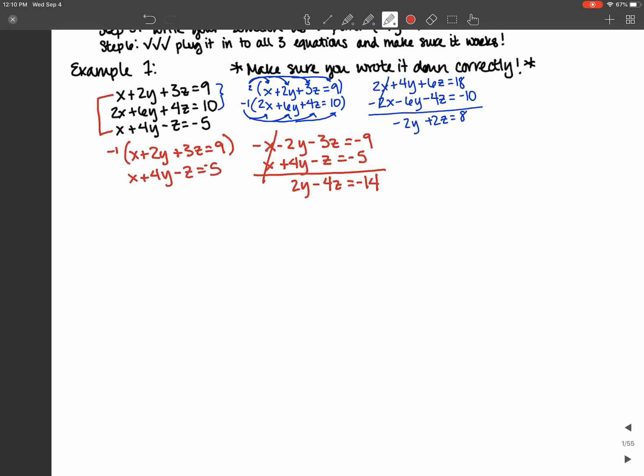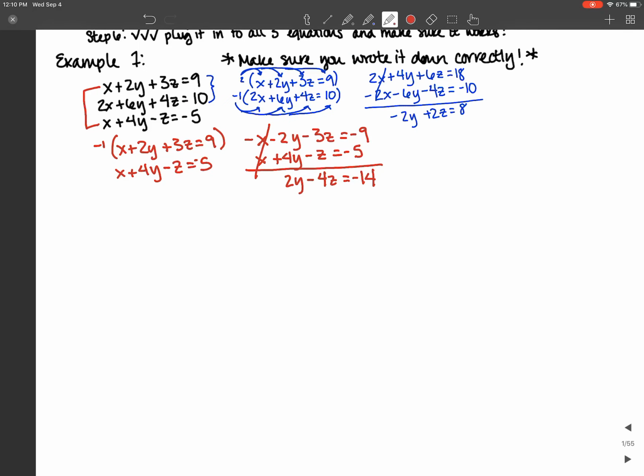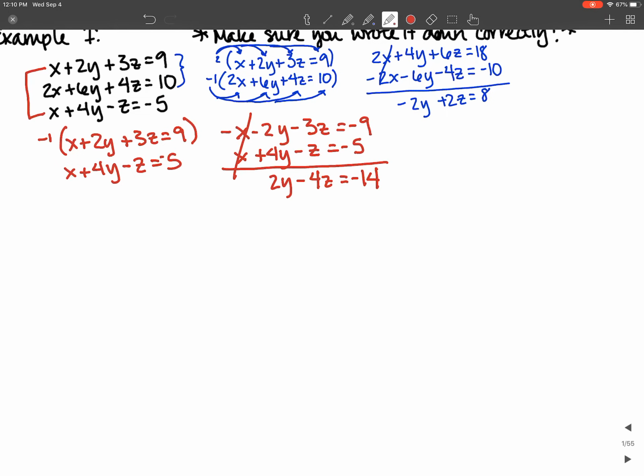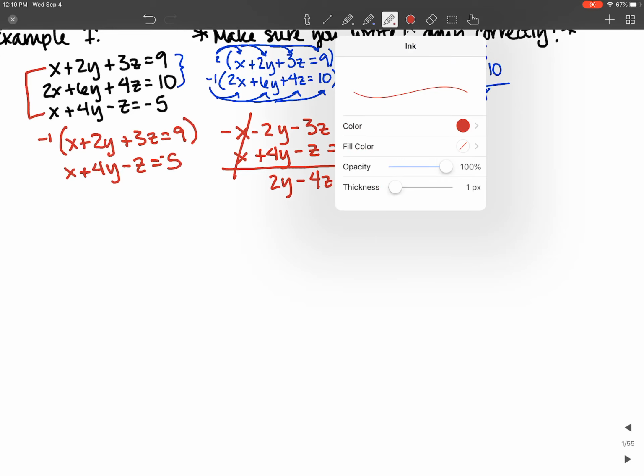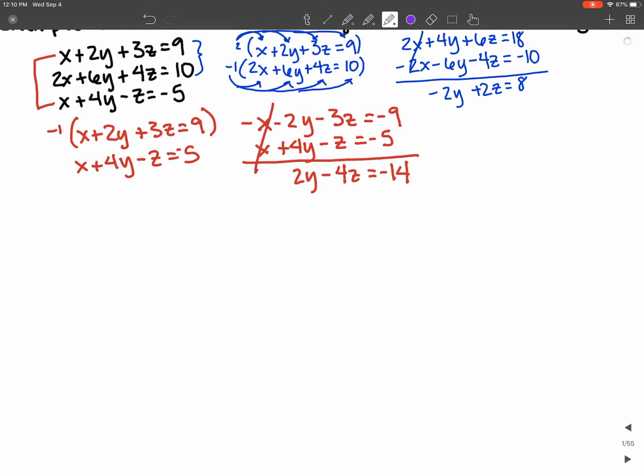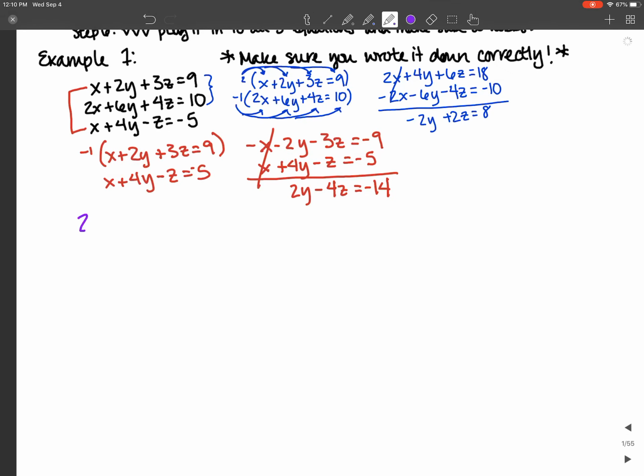Now I'm going to take these two equations I boxed in, and I'm going to set them up just like my warm-up. And then I'm going to solve those. So I'm going to have 2y minus 4z equals -14, and -2y plus 2z equals 8.